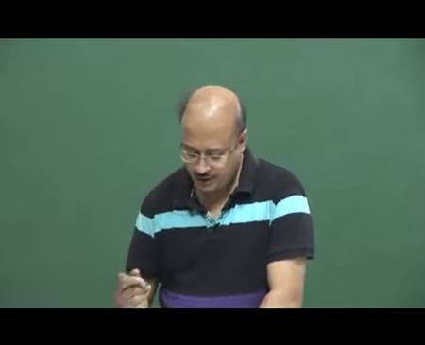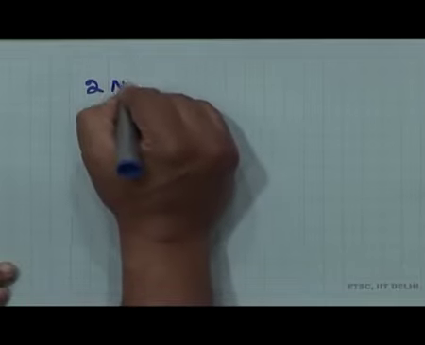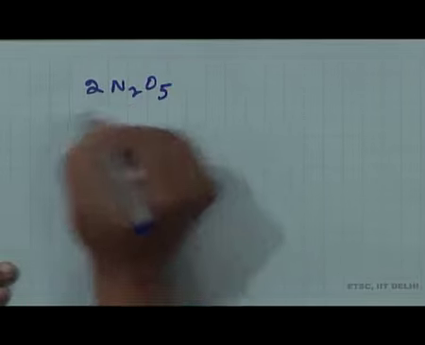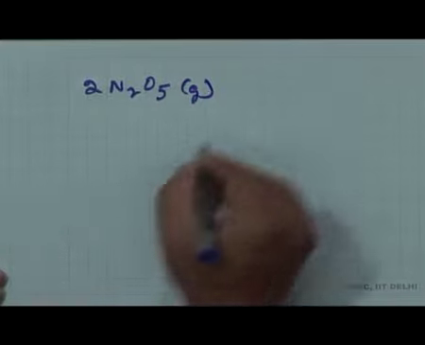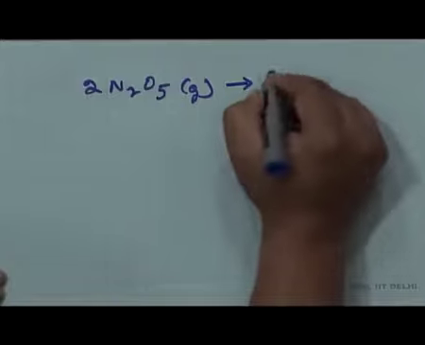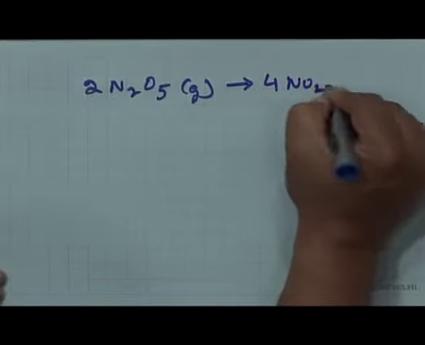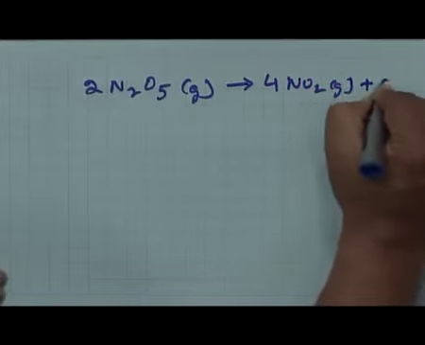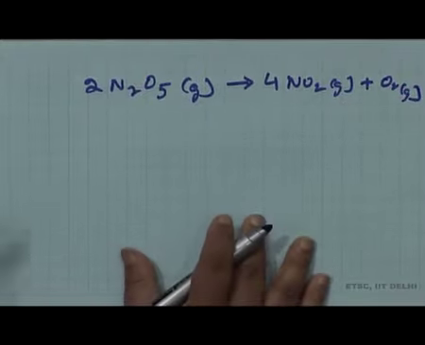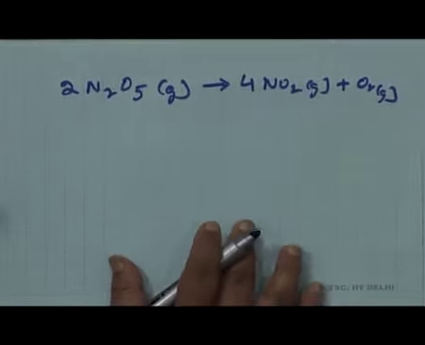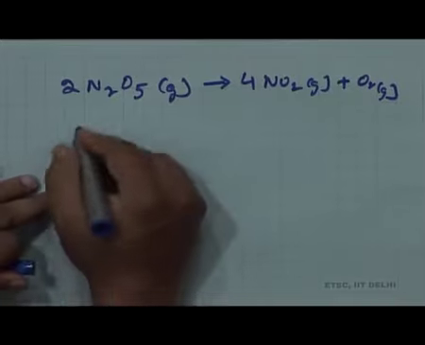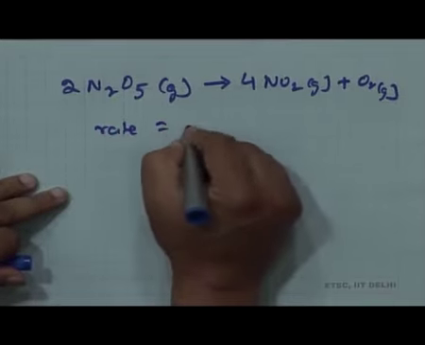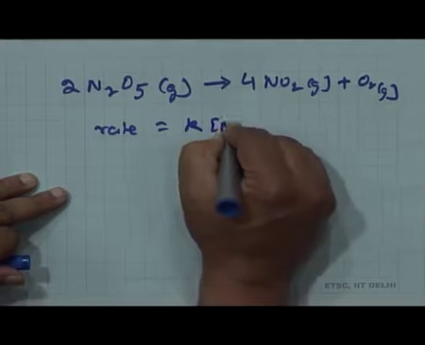For example, take the following decomposition reaction: 2 N2O5 going to 4 NO2 gas plus O2 gas. So, this is the reaction I am following. I am told that this reaction also follows first order kinetics, that means rate is equal to k times N2O5.